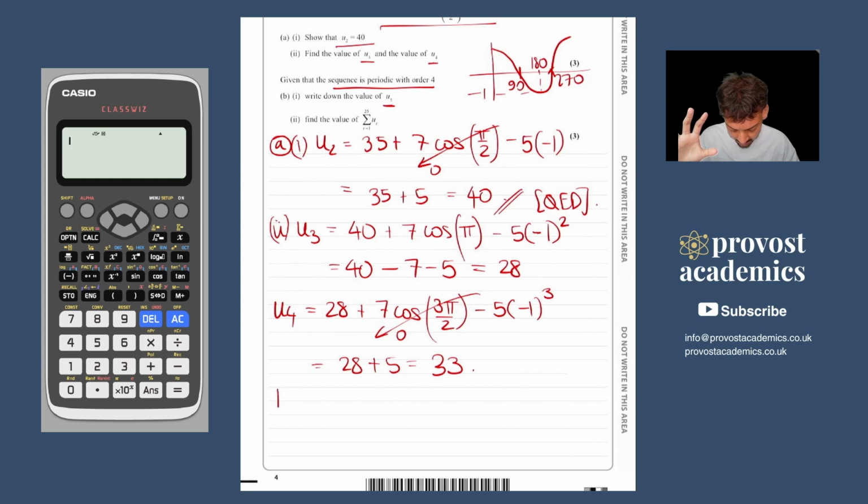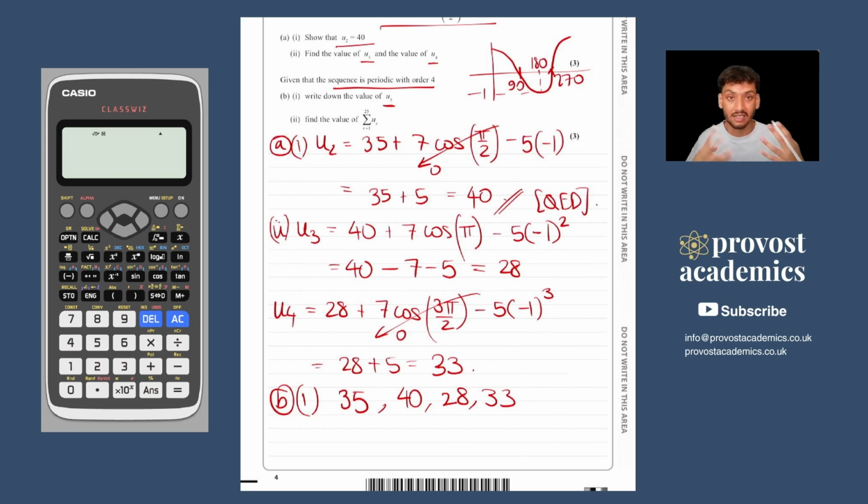The first is 35, which we were given, then 40, then 28, then 33. As you can see, that's 4 terms, so that's the period of this sequence. The next one we expect to be 35, so u5 equals 35.